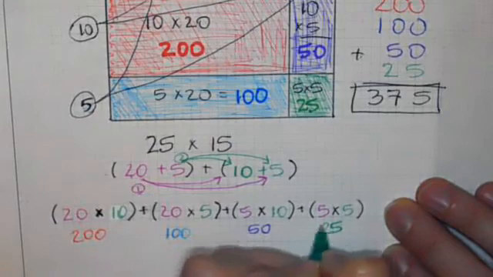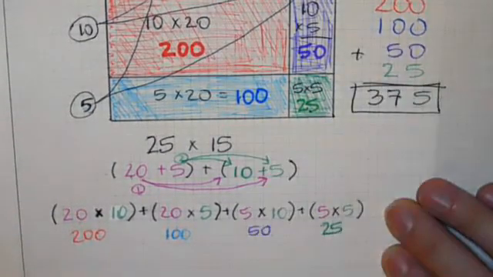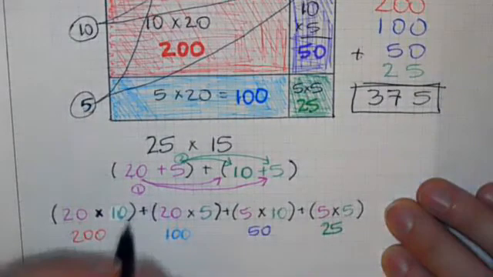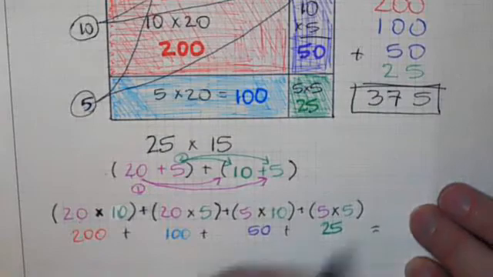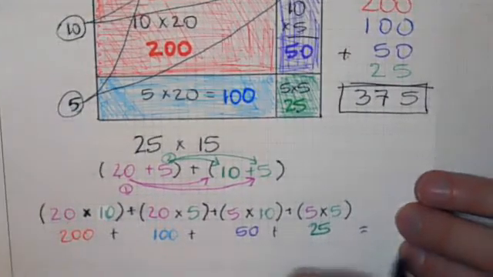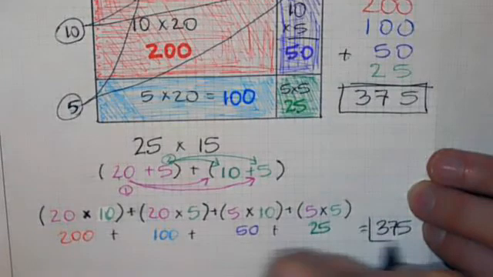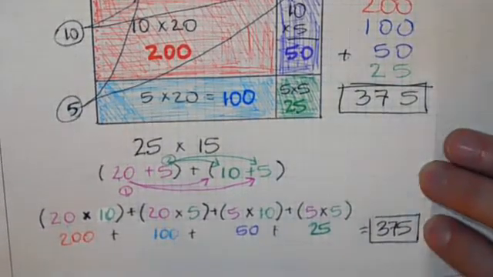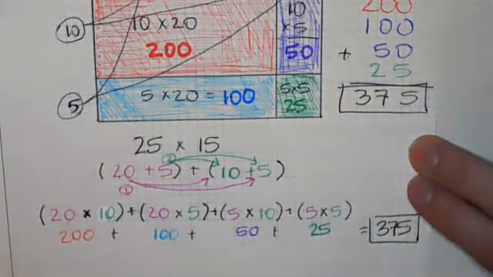Again, you're going to notice that all of these partial products are exactly the same partial products that we saw up here at the top. When I add these 4 partial products together, I get the product of 375, which is what I should get. I should get the same amount each time because it is exactly the same math.